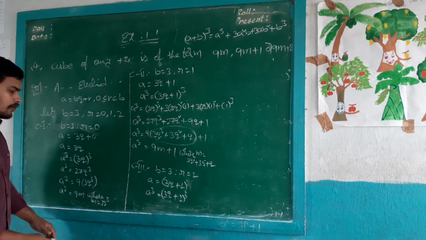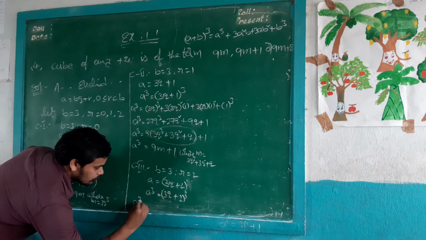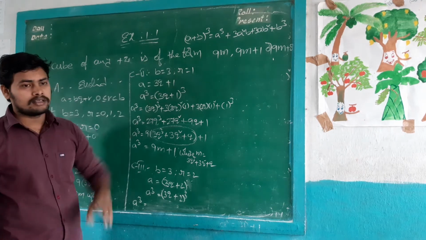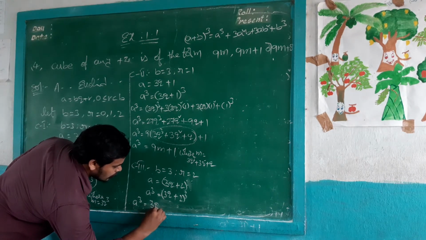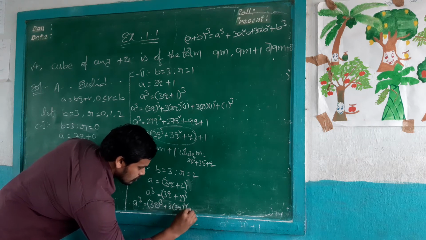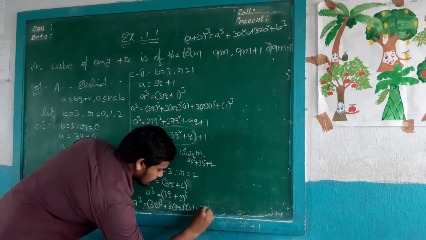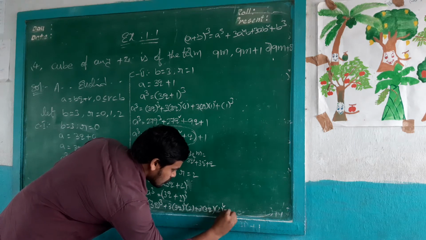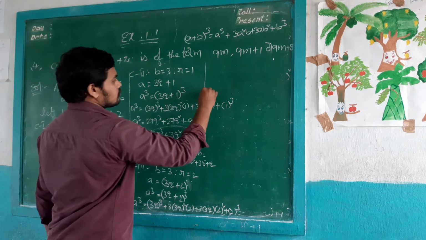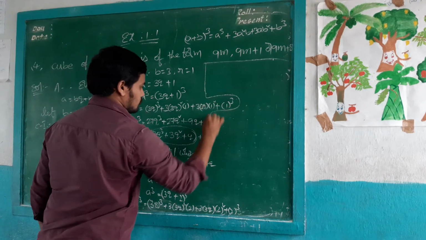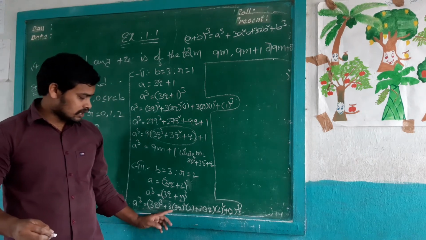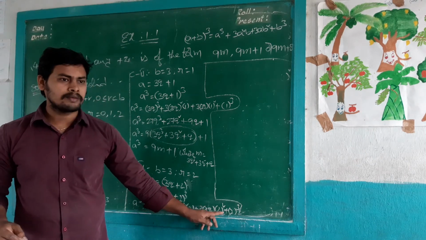What we have to use is the A plus B whole cube formula: A cube plus 3A square B plus 3A B square plus B cube.